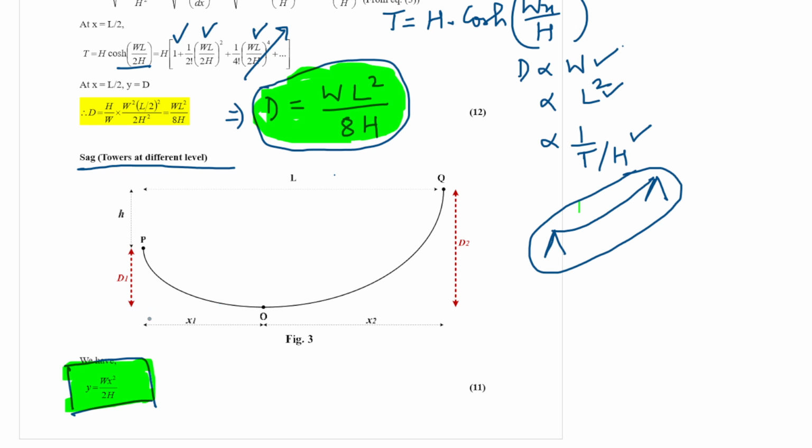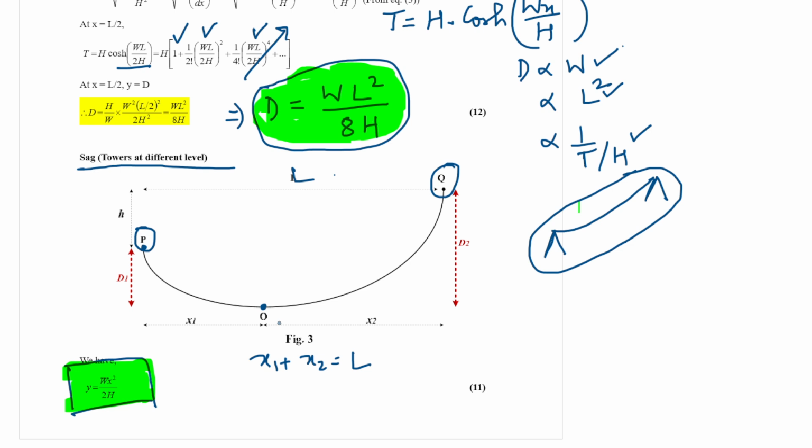This is the diagram for you. Let us say this is the tip of the first tower, point P, and point Q is the tip of the second tower, and the span length between the two towers is L, it is the same. However, now the point of maximum sag is not at the midpoint, it is at some distance x1 from tower P and distance x2 from tower Q. Naturally x1 plus x2 is equal to capital L, they are not equal.